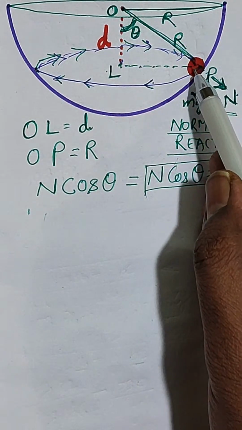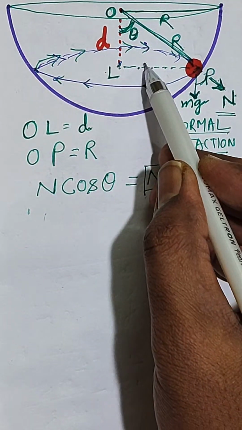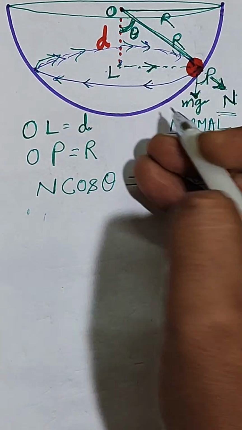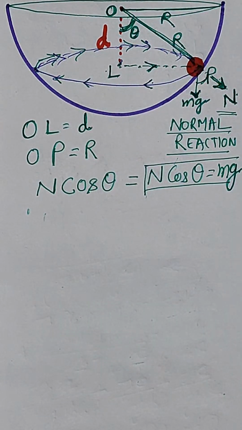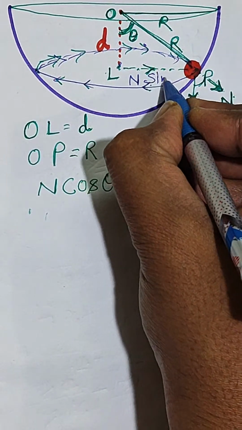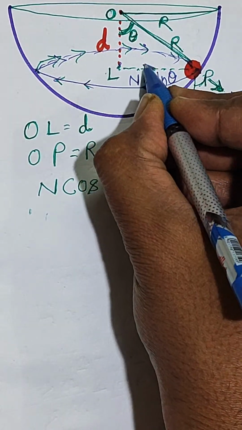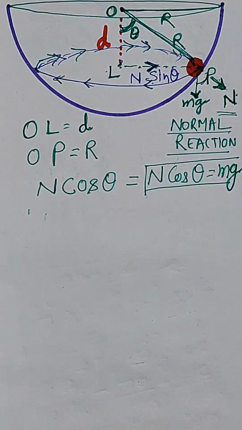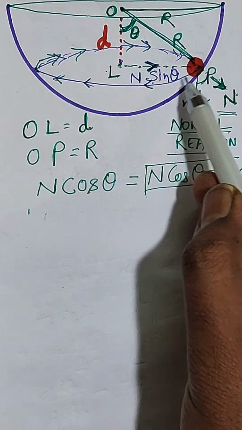Now what is the component N sin theta? This will be here. This is N sin theta, the component along this direction, that is towards the outer surface.